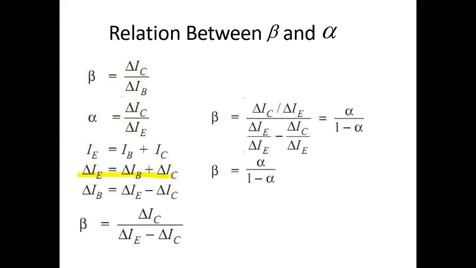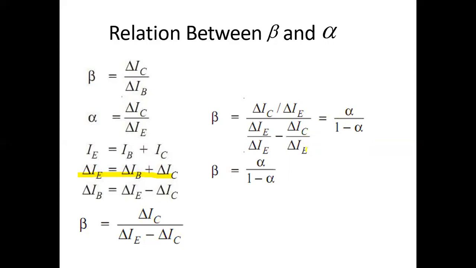We have to calculate the change, and by putting this value of IB in the equation for beta, and then dividing all terms by delta IE, we can write IC by IE is equal to alpha.